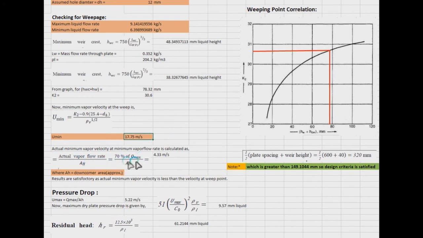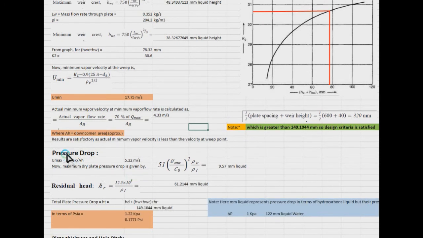Here it is defined as 70% of Qmax over AH, area, Q over A is equal to 4.33 meter per second. Actual vapor flow rate is defined based on your material balance, and AH is the area of the downcomer. Because most of the liquid or vapor is moving through the downcomer, and only a holdup of liquid is set upon the active area.